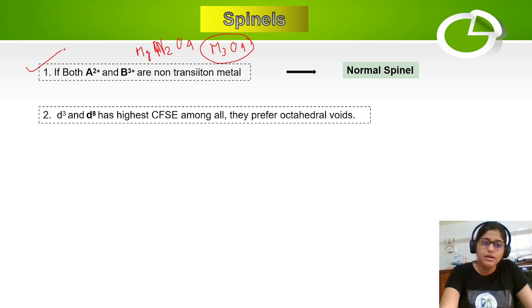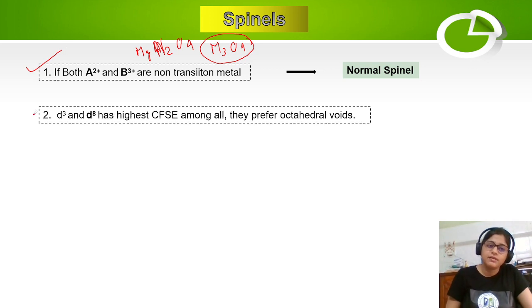Okay. Now the second point is d3 and d8 have the highest CFSE among all. We know that, right? And they all prefer octahedral voids.